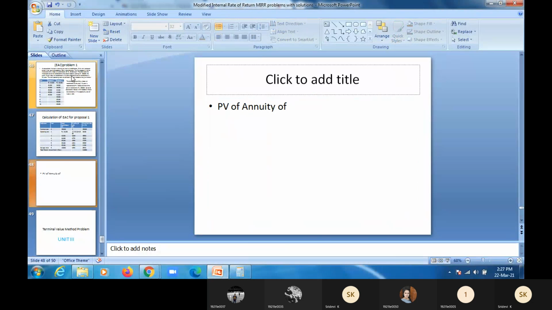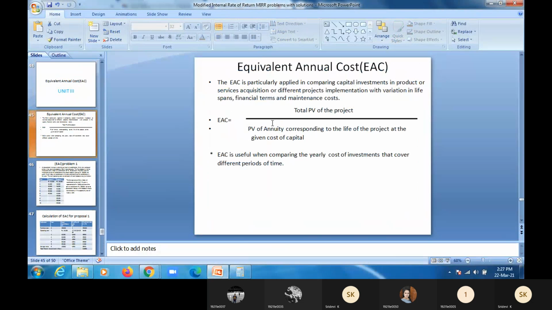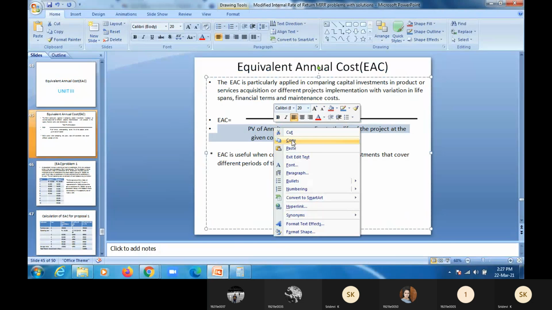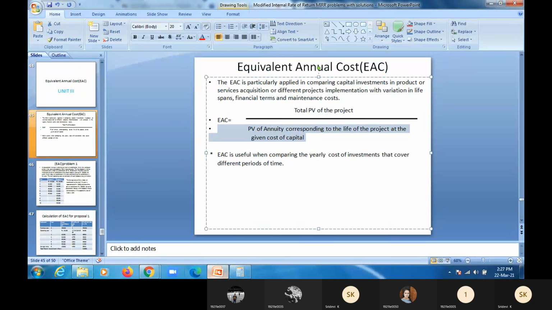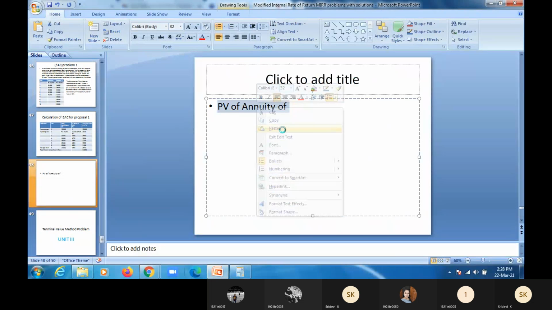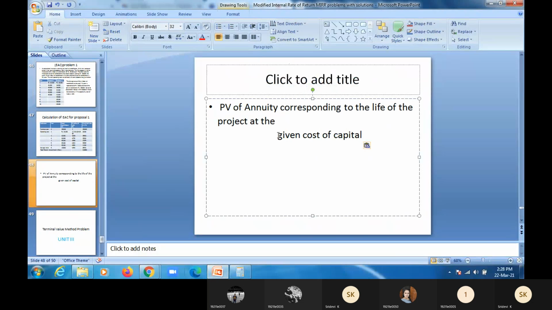What is the formula? Present value of annuity corresponding to the life period at the given cost of capital, right?